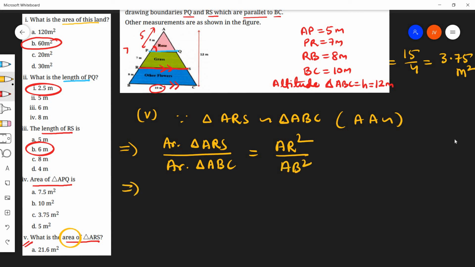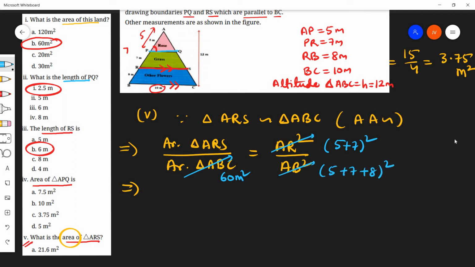Now we have to find area of ARS. Area of ABC we found in the first bit, that is 60 meters square. And this one is AR square. Okay, so we have to take a square, not individual. So what is AR? AR is AP plus PR, that is 5 plus 7, that is 12 square. And AB square, AB is 5 plus 7 plus 8.